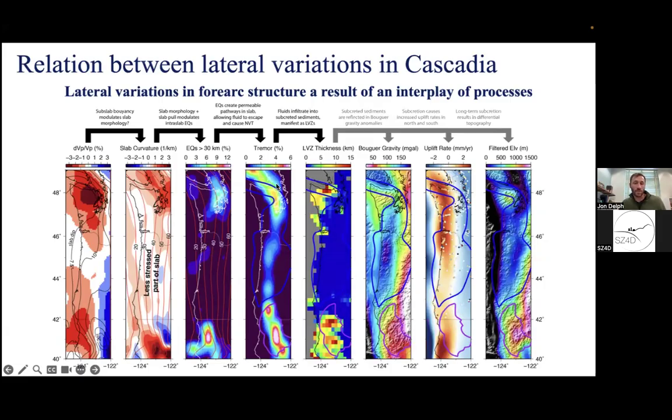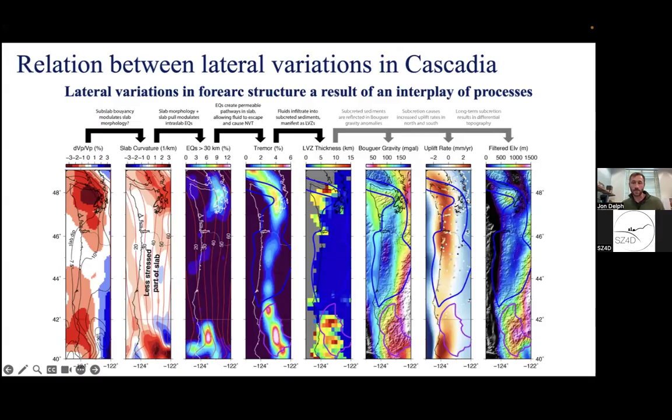These fluids enable more efficient basal accretion to happen where they're more readily available, leading to the buildup of these thick, low velocity zones in northern and southern Cascadia. These are dominantly sedimentary in composition, which is reflected in the Bouguer gravity field.